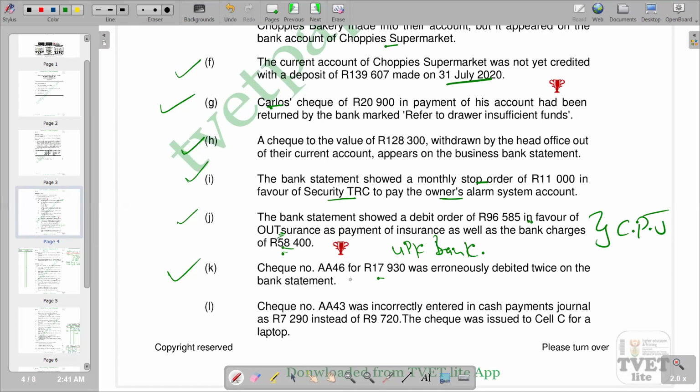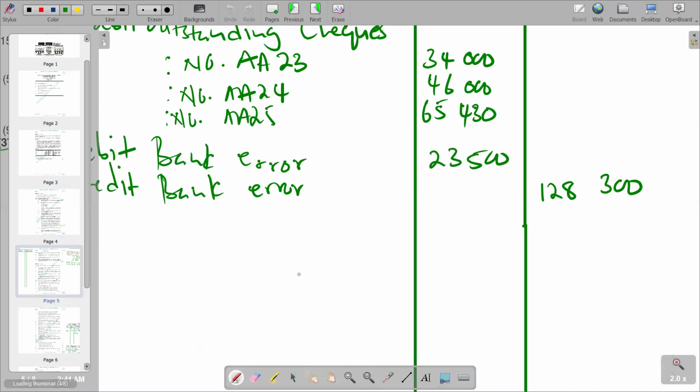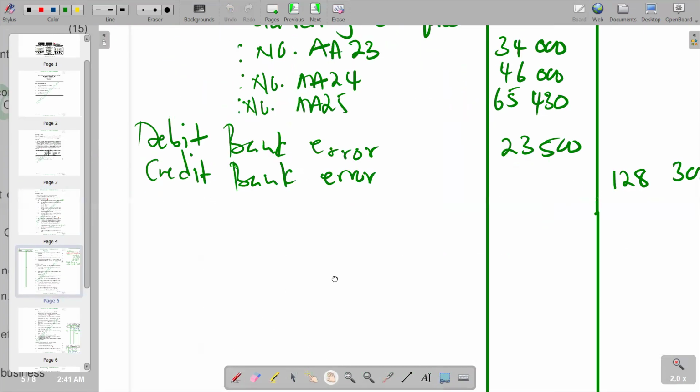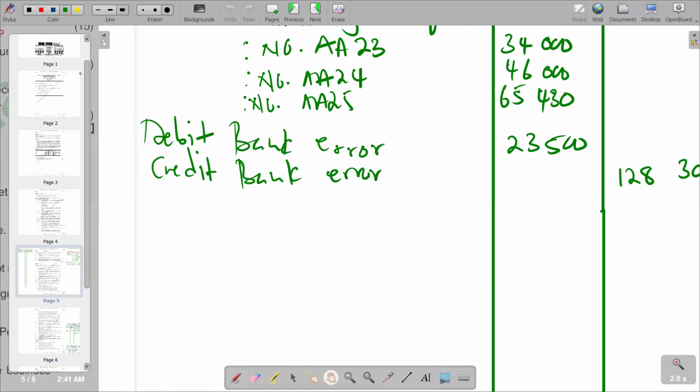So we go to the bank reconciliation. This is a bank reconciliation, and we are saying we want to remove a debit balance. So we say credit bank error again. This is another bank error.